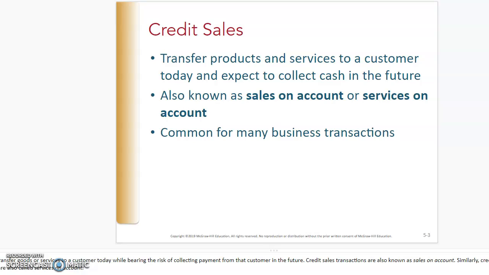Now, this is very common in business transactions, especially when the customers are also businesses. So many businesses will give the customer 30 days to pay or whatever, and we'll get into that a little more later. Okay, so this is really common for business transactions, not always so much with consumer transactions.